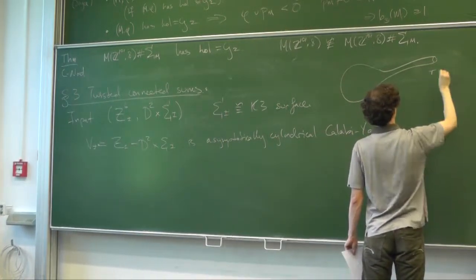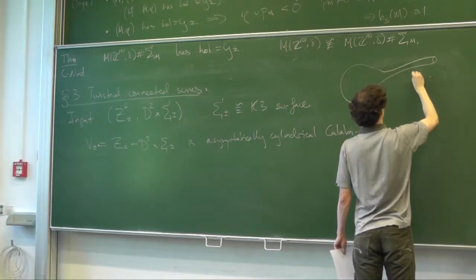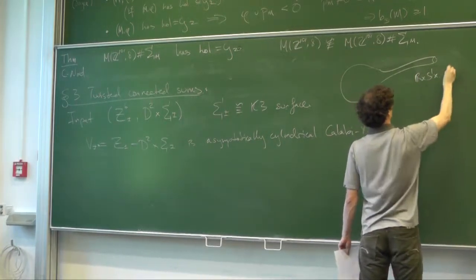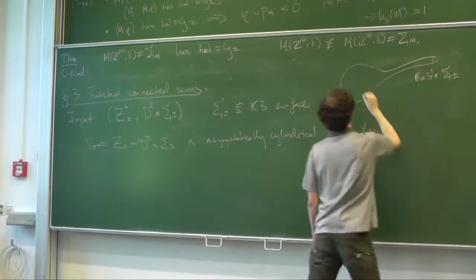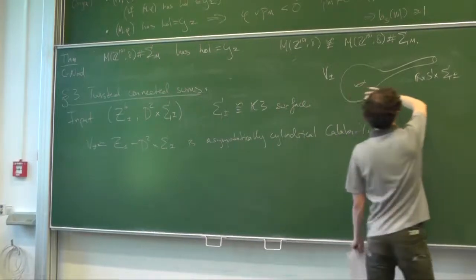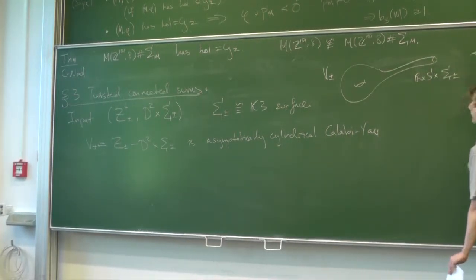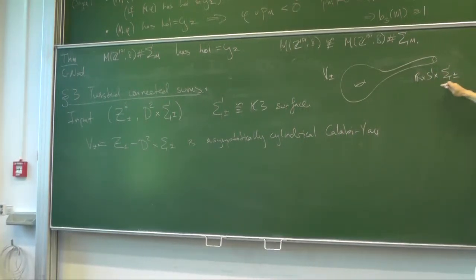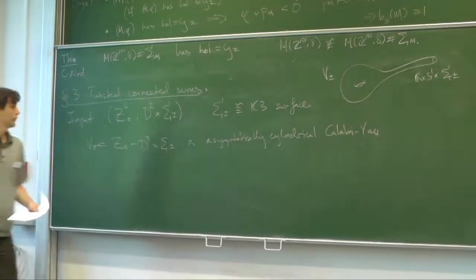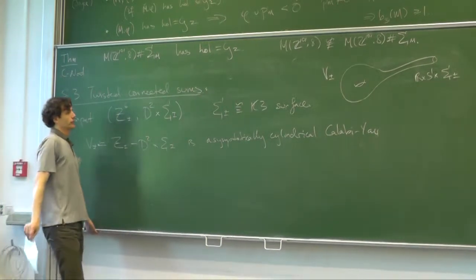This neck looks like R cross S1 cross your K3 surface, so this is a picture of U plus minus. You want a Calabi-Yau metric, and as you go to infinity along the cylinder, you want this to be the product metric, a flat metric here and a Calabi-Yau metric on the K3 surface. So I believe this was Donaldson's idea.